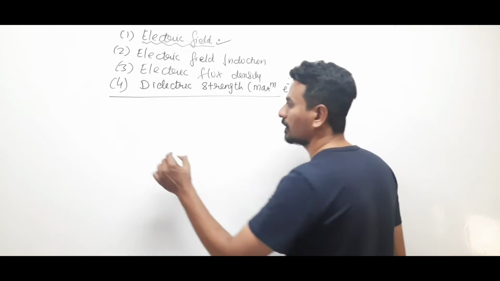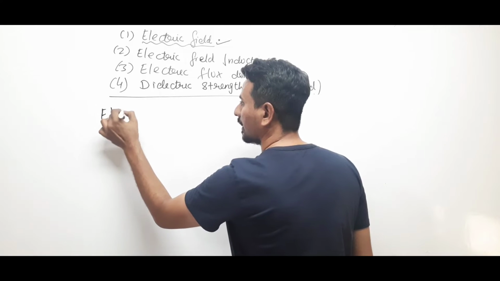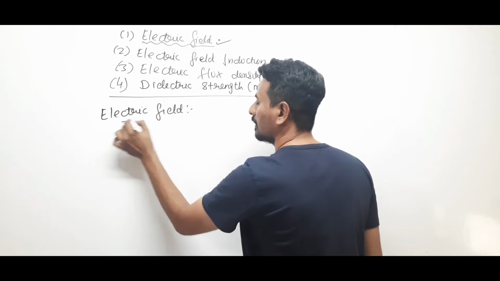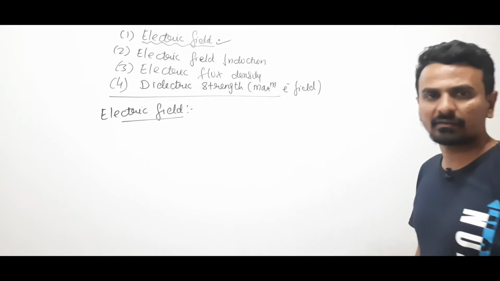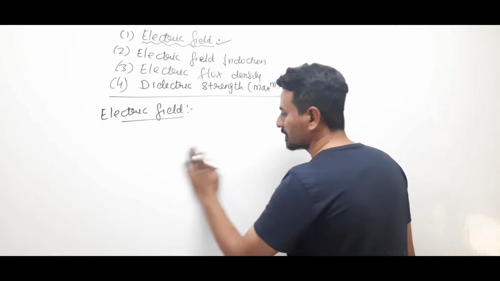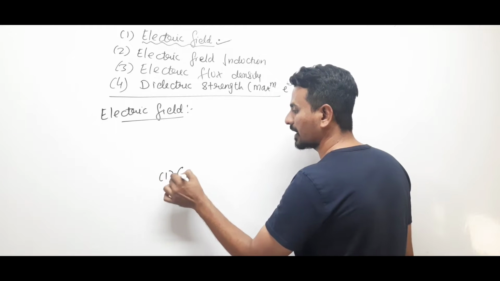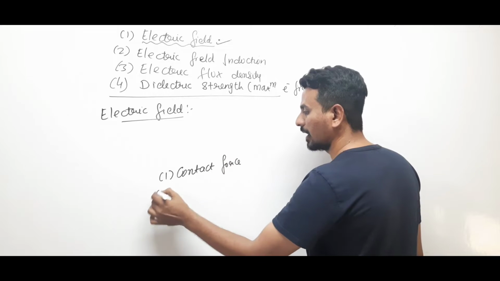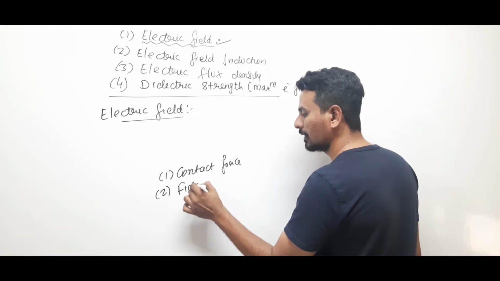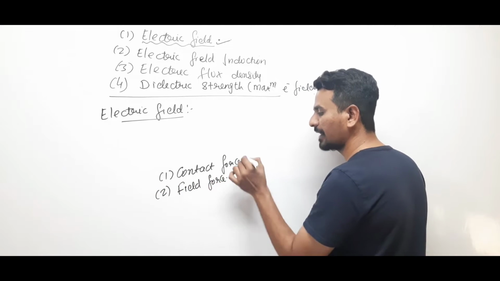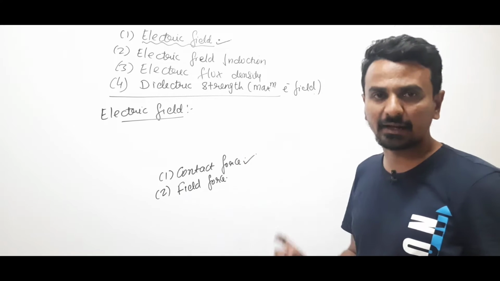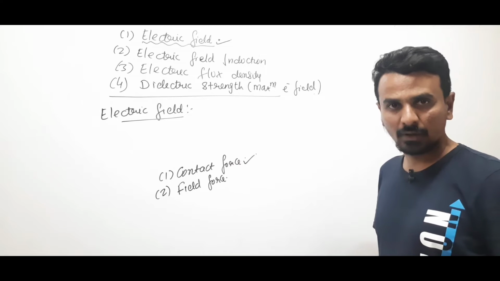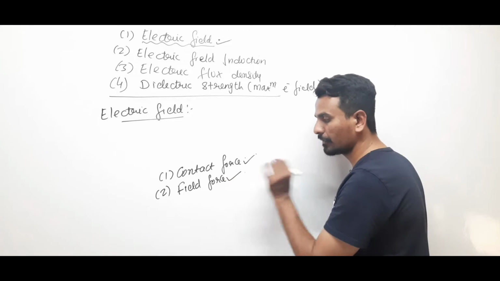See, first of all, we'll define electric field. In your 11th class, you must have studied about contact force, and another is field force. Contact force means if you are moving any object by making physical contact with it.